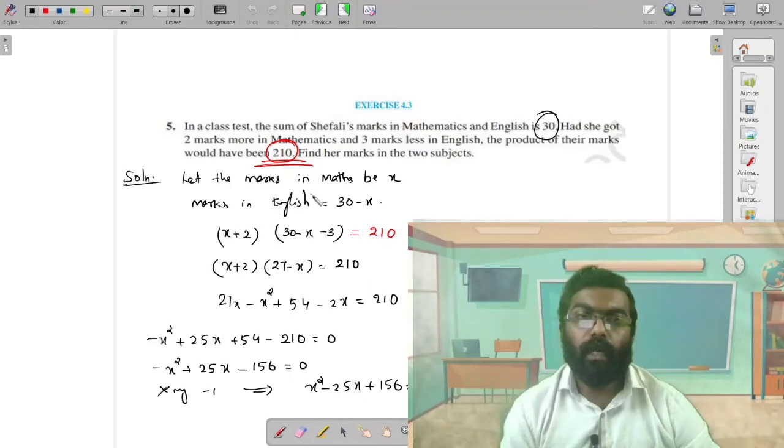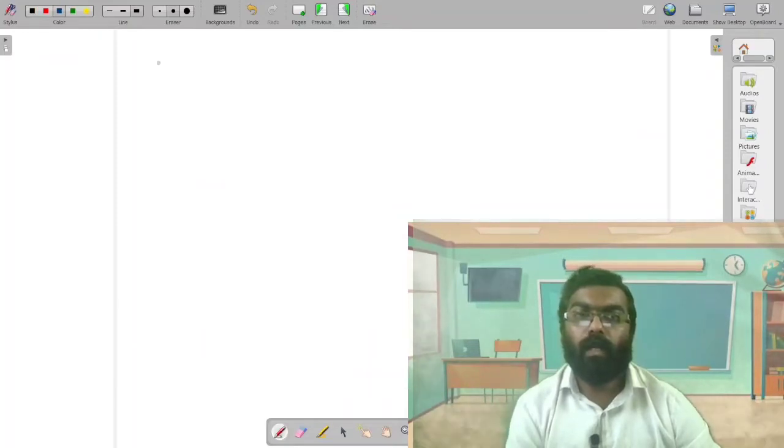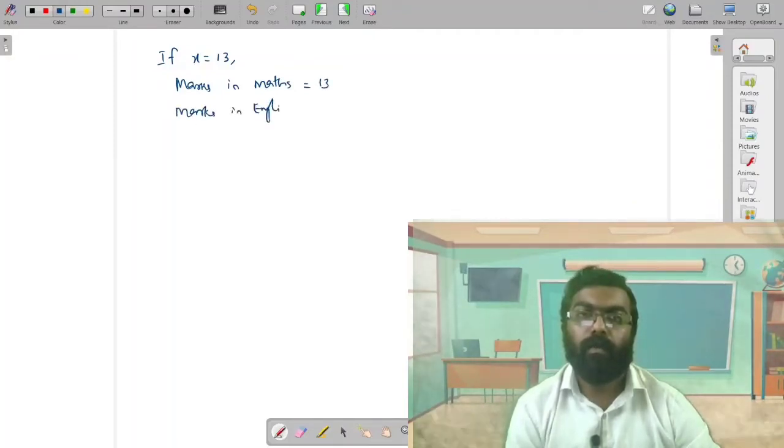And we have taken the marks obtained in maths as x and English as 30 minus x. So here we can conclude, if x is equal to 13, then the marks in mathematics will be equal to 13 and that of English will be equal to 30 minus x. Here it is 30 minus 13, which is equal to 17.